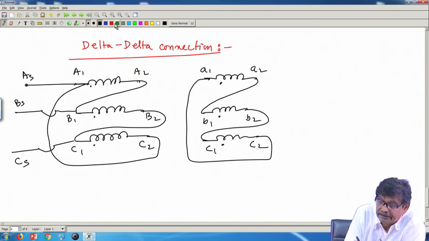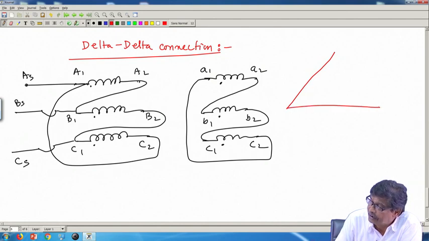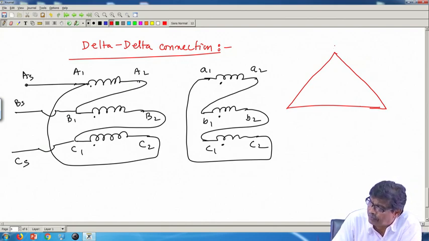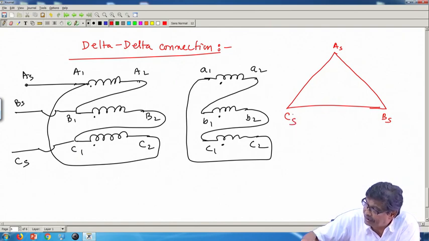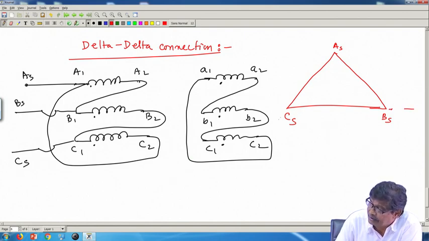Now, once again delta connection. So, better draw the primary line to line voltages first, because there is no neutral, that is why I start with line to line voltage. And it is a 3-phase balance, it has nothing to do with the transformer, these are the supply voltages available here. Line to line voltages are also balanced: AS-BS, BS-CS voltage lags by 120 degrees, you know this, and CS-AS voltage further lags by 120 degrees.